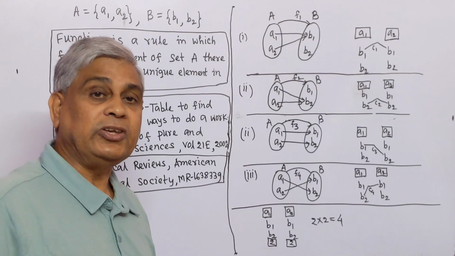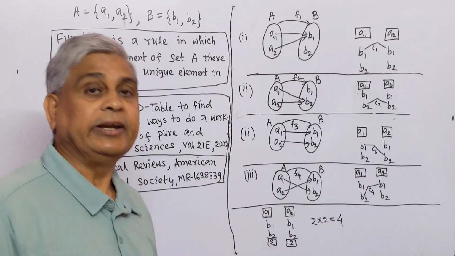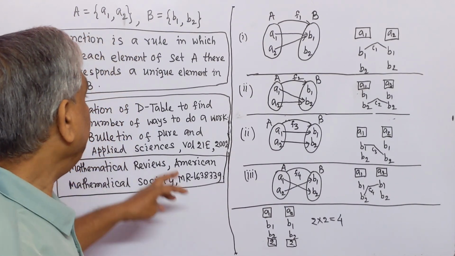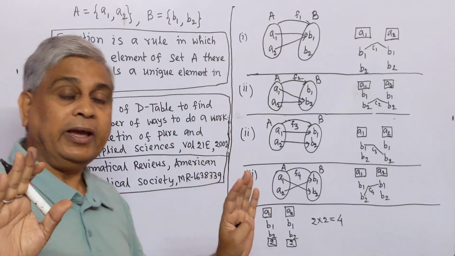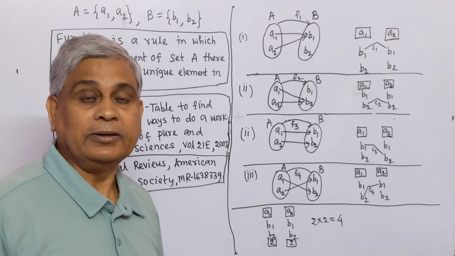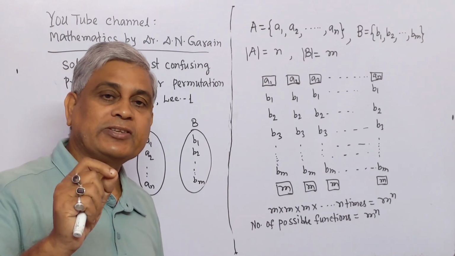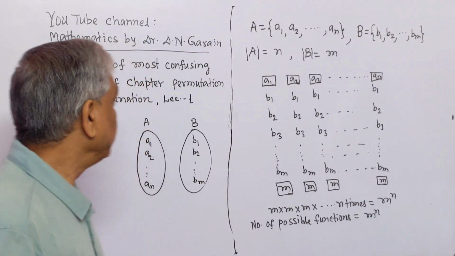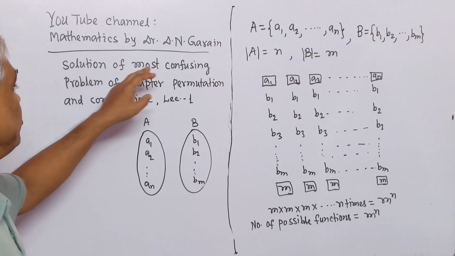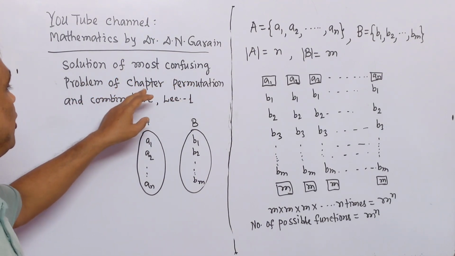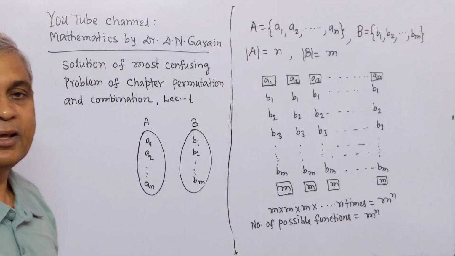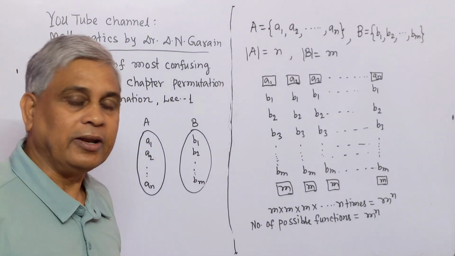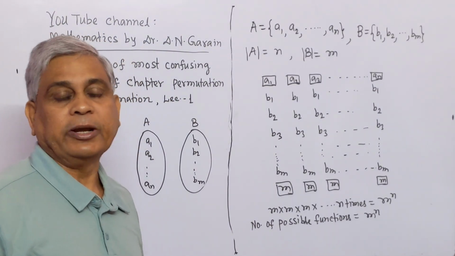So the name of this table is D table. You may go through this article and get the detailed idea. You may also watch my YouTube video Solution of Most Confusing Problem of Chapter Permutation and Combination, Lecture 1, in which I have also given the detailed concept.